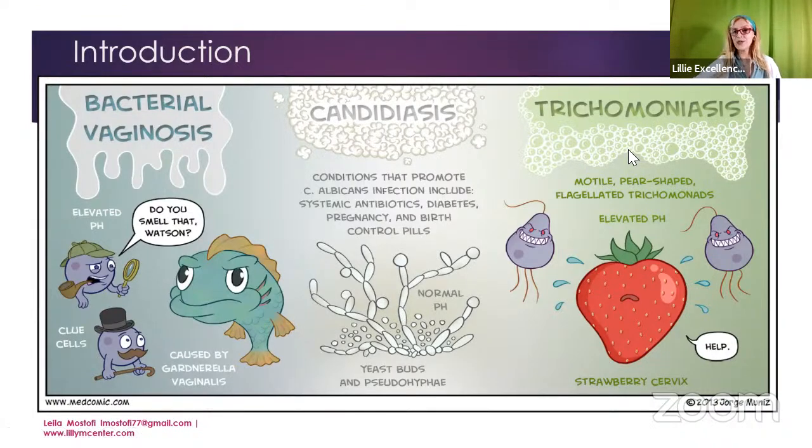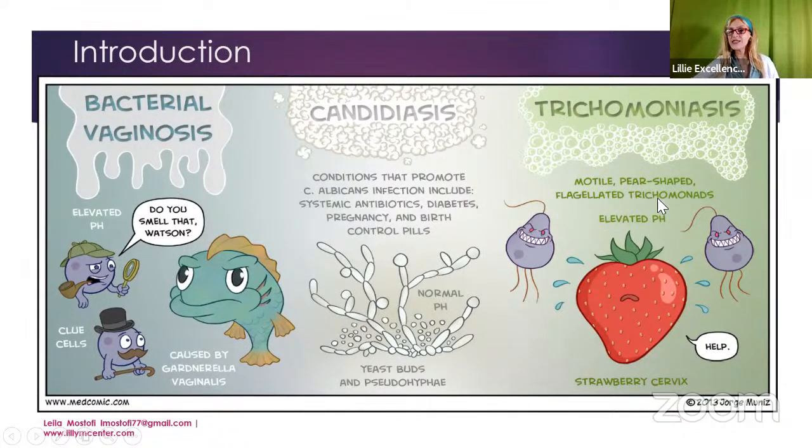But in trichomoniasis, as you see, there are motile, pear-shaped, flagellated trichomonads. This is the beautiful shape of trichomonads. As you see, they are motile, pear-shaped, and flagellated.